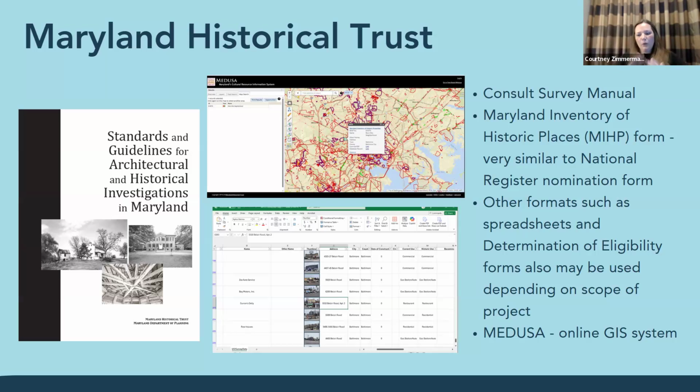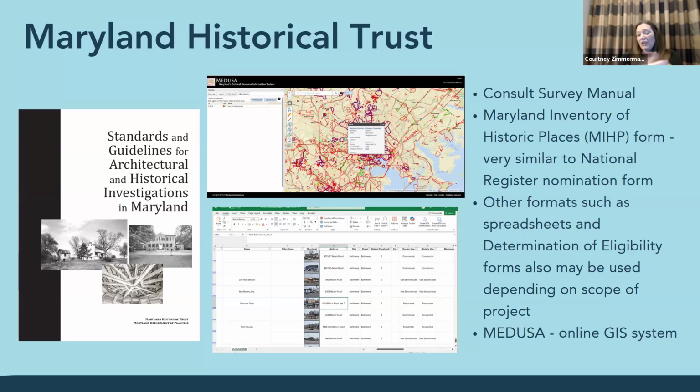So in Maryland, you're going to do more of a reconnaissance ID level survey, and then talk with your clients or the Maryland Historical Trust staff on which properties would warrant this very intensive form. You couldn't do like 50 MIHP forms because they're so detailed.